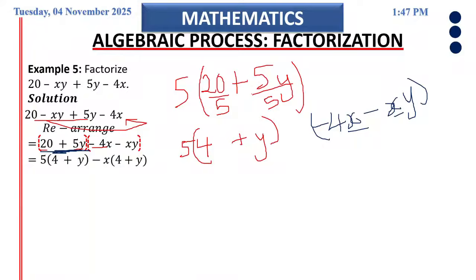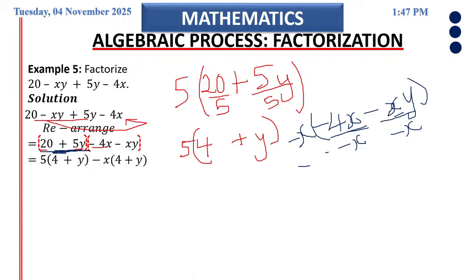So this is going to be minus x outside: minus 4x over minus x, and minus xy over minus x.